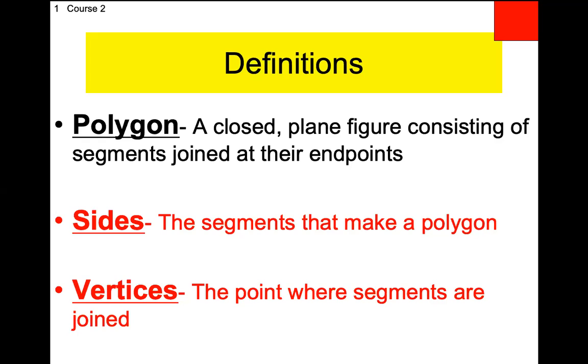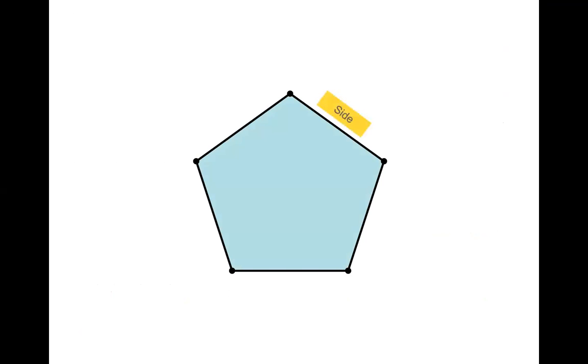All right, moving on. So let's make something. Well, there's a side because it's a segment. There's another side. But notice where they come together, we're going to call that a vertex. I'm going to put a whole bunch of segments together. I have made a polygon. This one has 5 sides. Remember, the blue part right there is not part of the polygon. That's the inside. But we do have the sides from the segments.